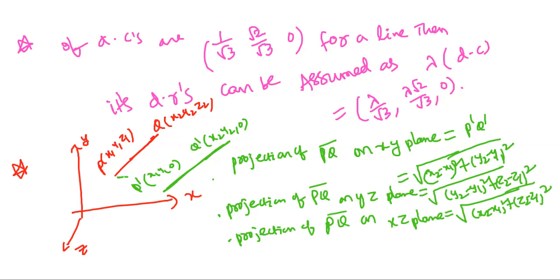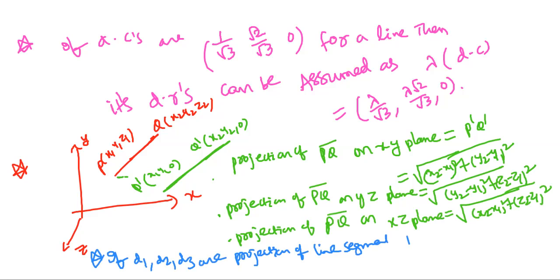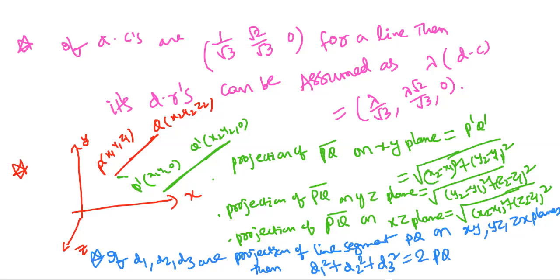One important result is that if d1, d2, d3 are projections of line segment PQ on the xy, yz, zx planes respectively, then d1 square plus d2 square plus d3 square, you square and add, you see it is 2 times PQ square.